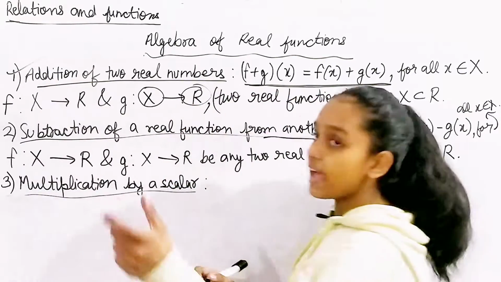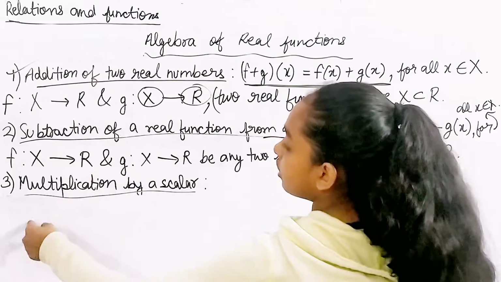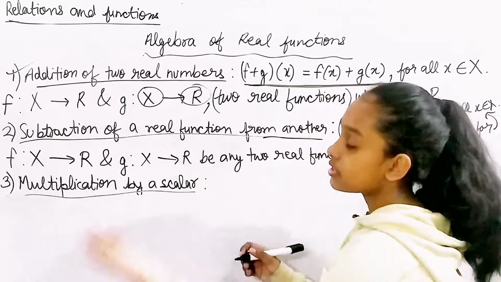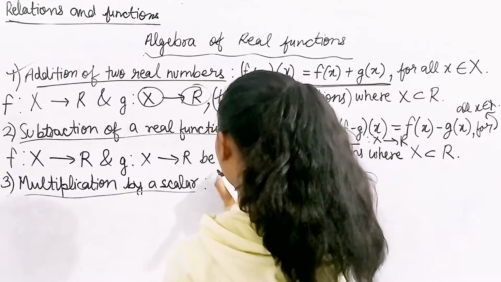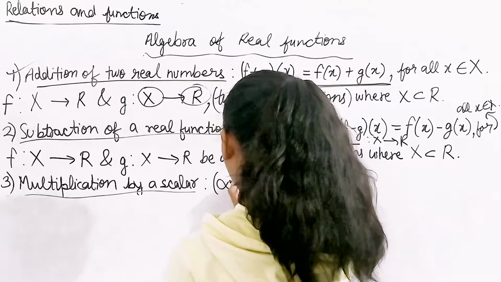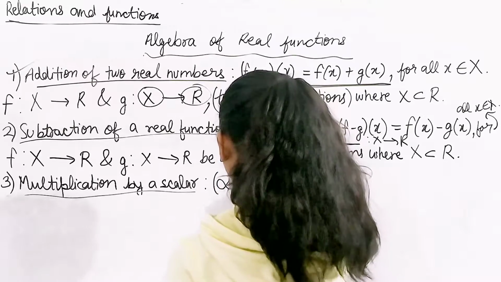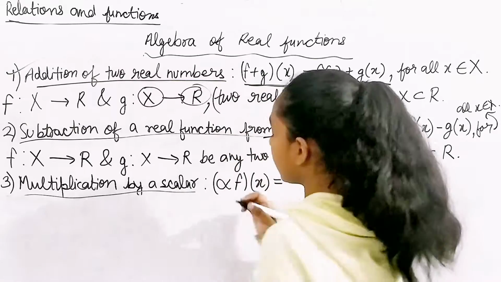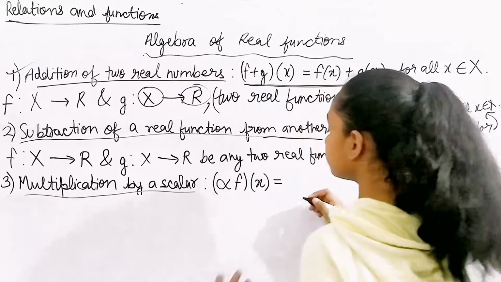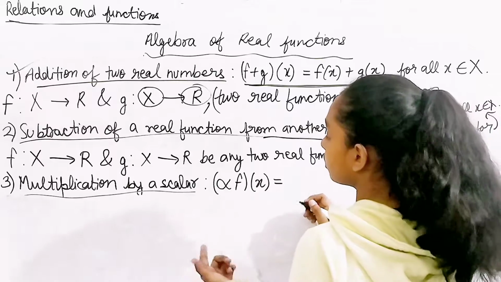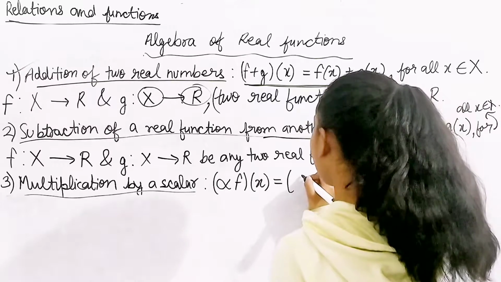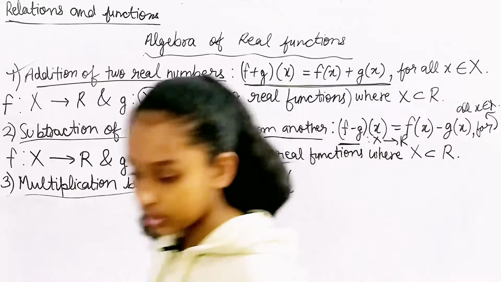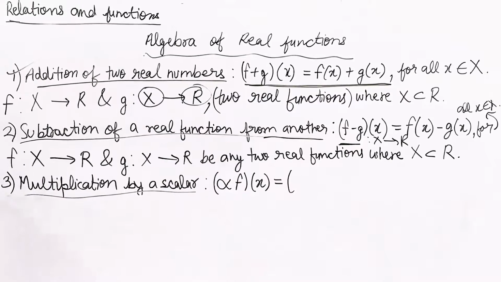Let's say we have f, the function, and alpha, which is the scalar. So I'm going to say alpha f of x is equal to, what is it going to be? Simple. Let me just write it again.